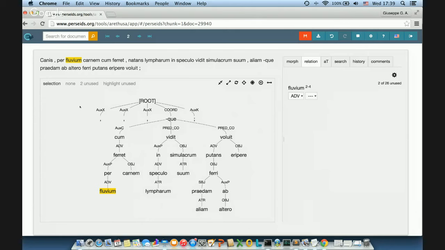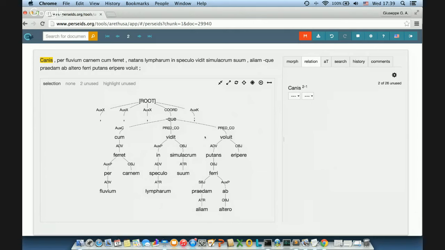And finally, we have the problem about canis. This is interesting because I would say that I take canis to be the subject of vidit, but at the same time, the subject of voluit is co-referential with that of vidit.